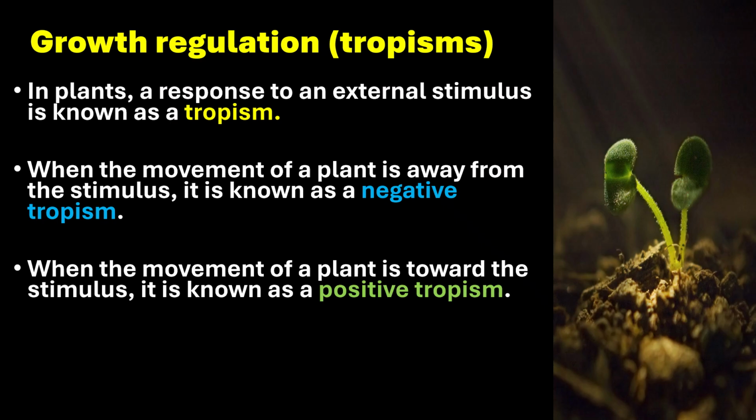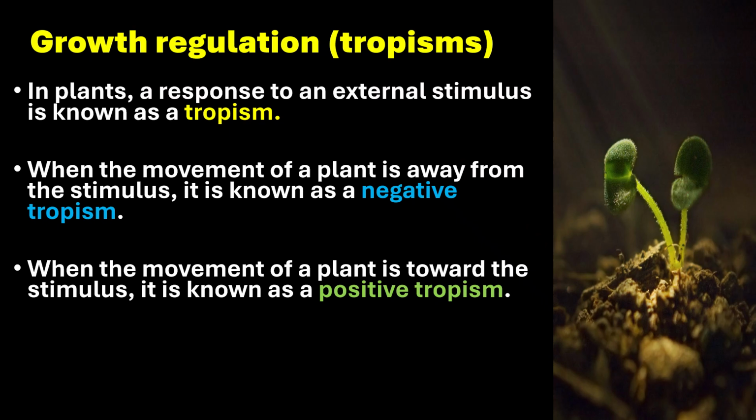It is positive when the plant moves towards the stimulus. The stimulus can be light, it can be gravity, it can be water. But in this curriculum, we are looking at two stimuli, that is gravity and light. So if the plant moves towards light, that is a positive tropism.